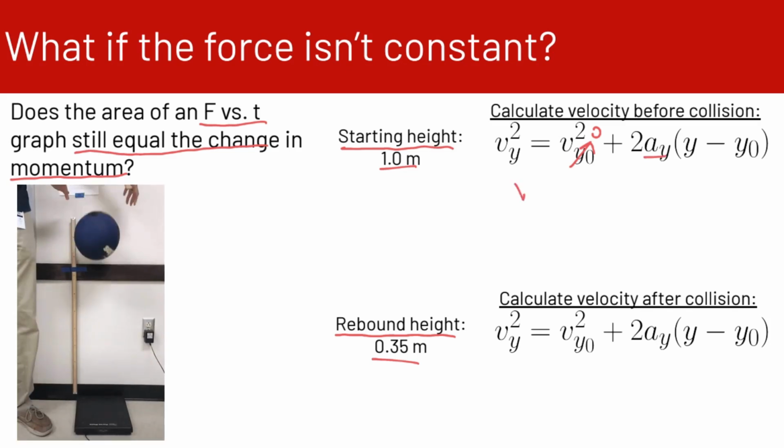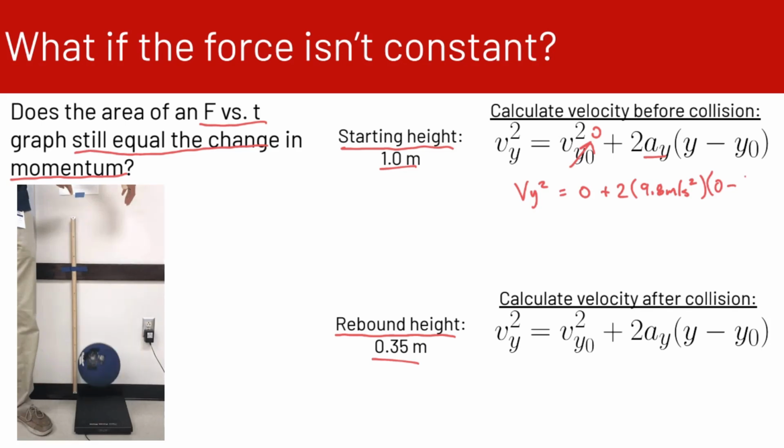So vy squared equals 0 plus 2 times 9.8 meters per second squared times 0 minus 1.0 meters.